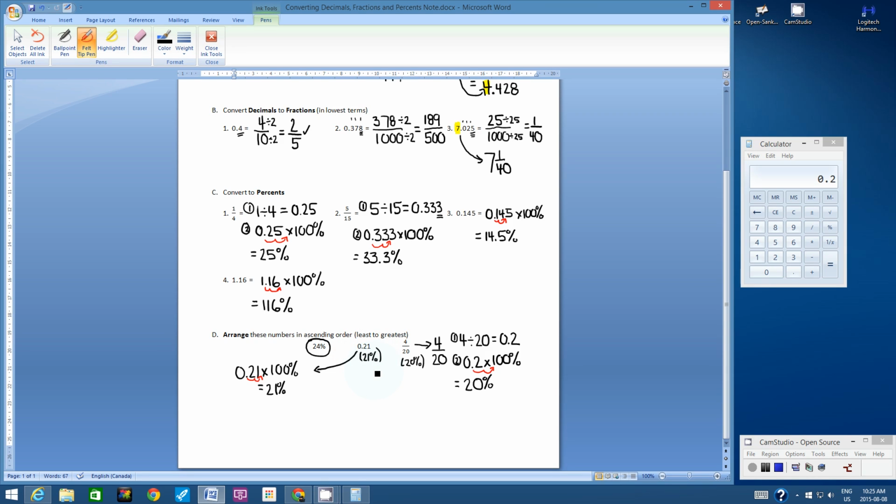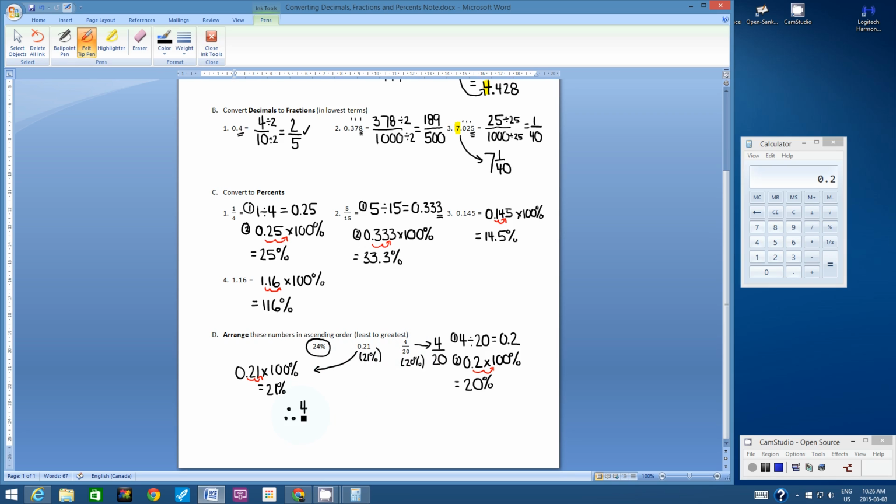Okay, so now let's arrange these numbers in ascending order. Ascending means least to greatest. Which one is the least number? Well, it looks like this is the least number. Now, in your final statement, I don't want you to put 20% because 20% was not given as one of our choices. The form of the number was a fraction.